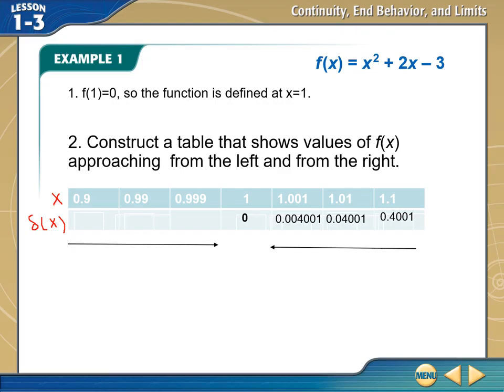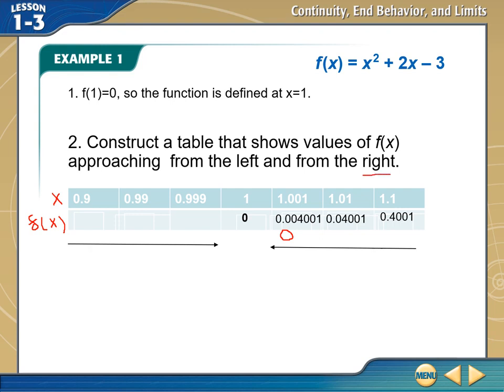What number are these three trying to approach as I approach 1 on the x? What is the y, or the f of x, trying to approach? Yes, it's trying to approach 0 because it's getting smaller and smaller and closer to 0. So I can see that the right side is trying to approach 0.